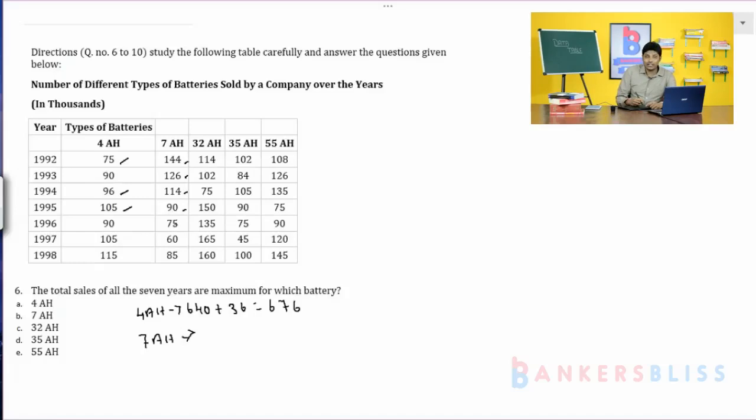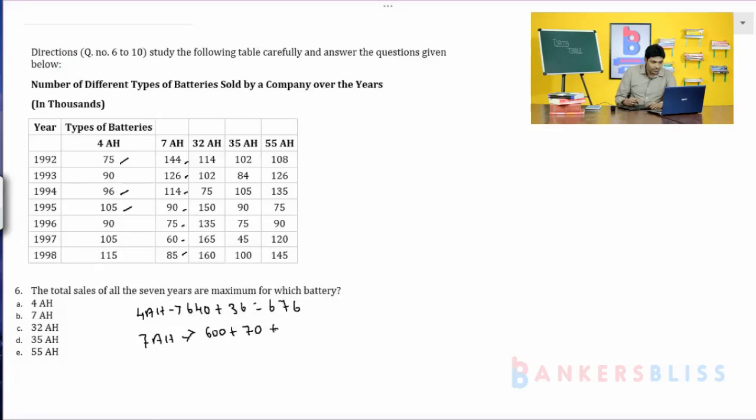Next 70, calculate, 390 plus 70, 460, 460 plus 60, 520, 520 plus 80, 600 plus. Next in this 44 you consider only 40. Next in this 26 you consider only 20, 14 you consider only 10. So 40 plus 20, 60, 60 plus 10, 70. See here, already here itself we got 70.